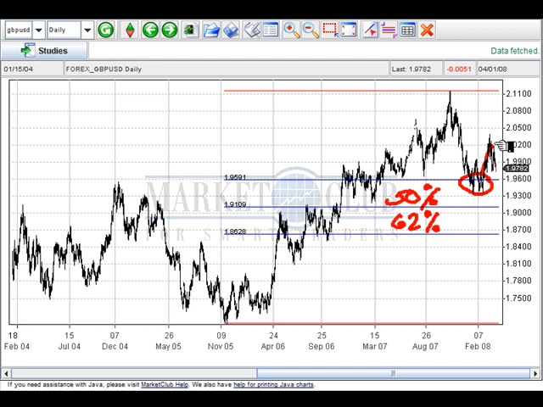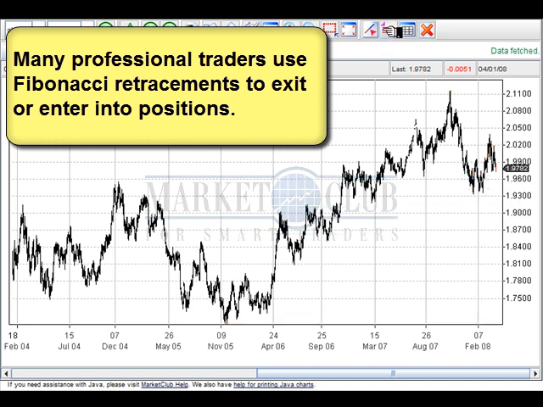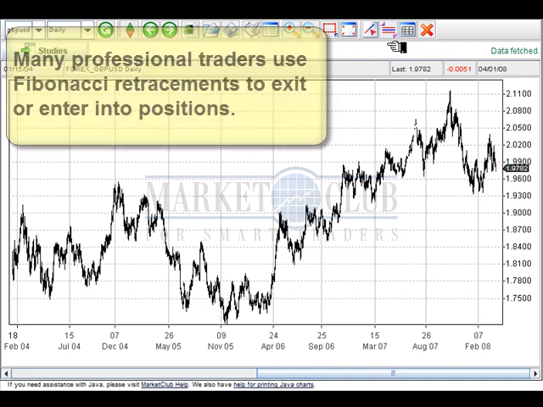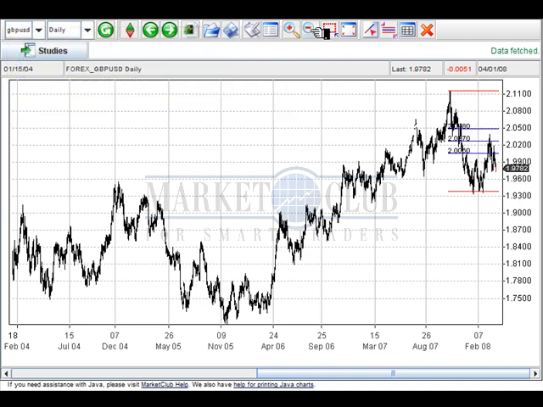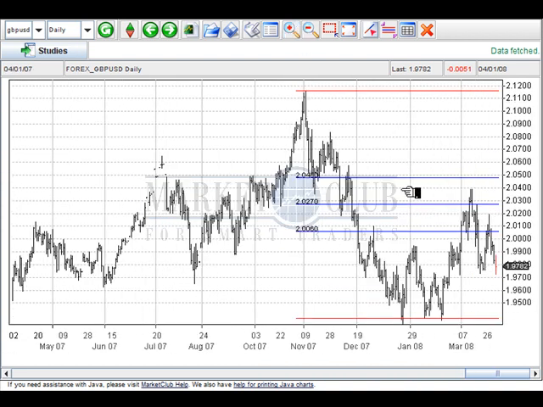Now this little bounce we saw up here, we can actually Fibonacci that too. So I'll take everything off the screen again and go back to our Fibonacci tool, which is right here. I'm going to scope this out a little further so you get a clearer picture, so you can see the market retraced to that little pivot point we've talked about before.